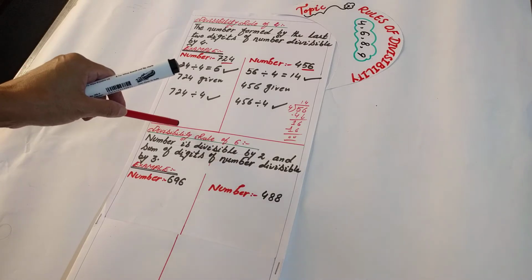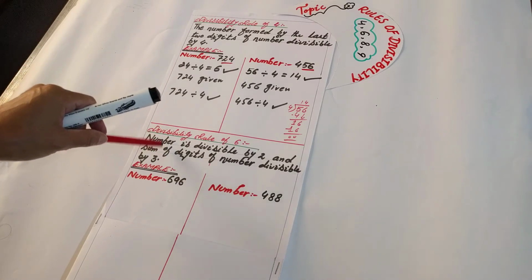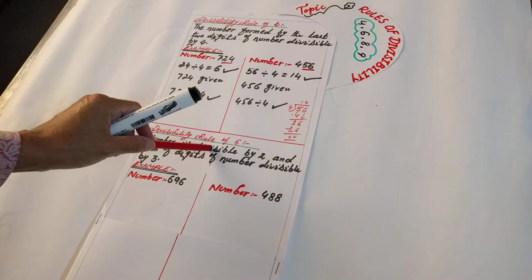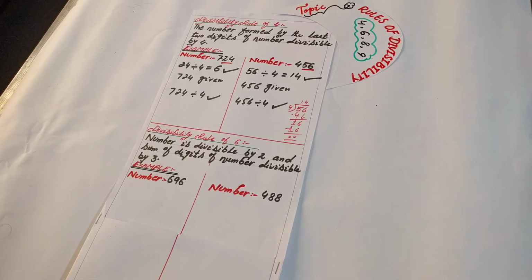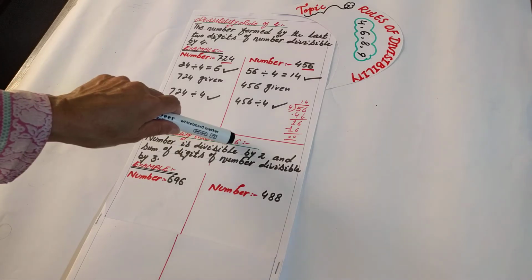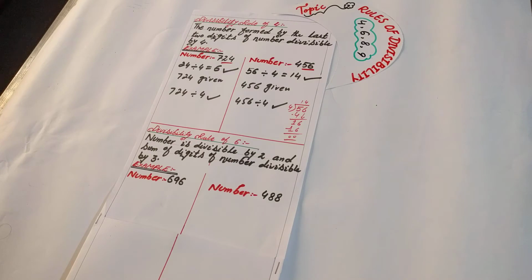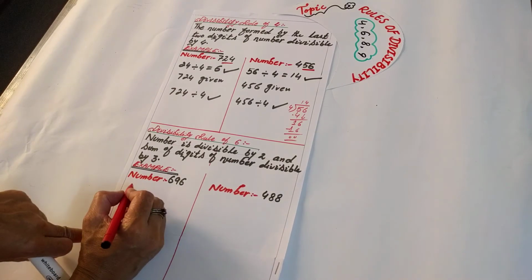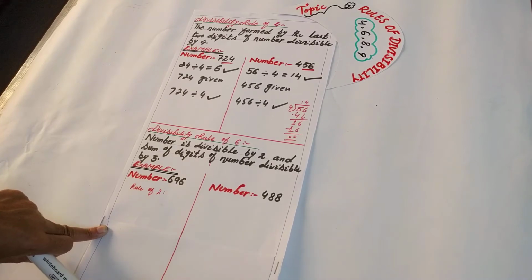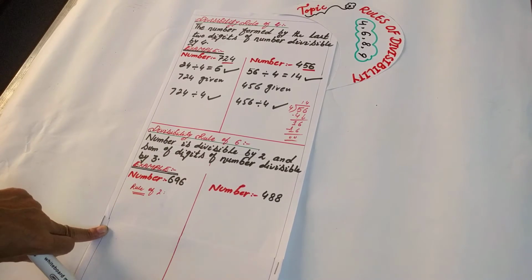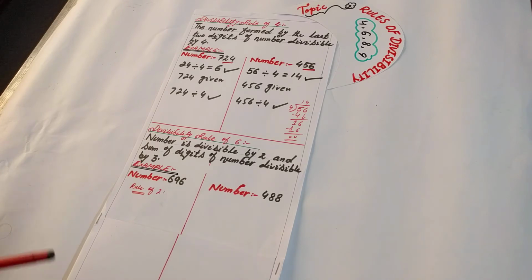For the divisibility rule of 6, these two conditions should be fulfilled. If one condition is satisfied and the second is not, then this rule will not be applicable. So both conditions should be satisfied. Let's start. Firstly, we will check the divisibility rule of 2. The ones place digit should be an even number.